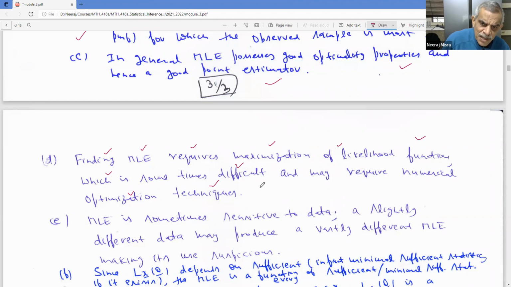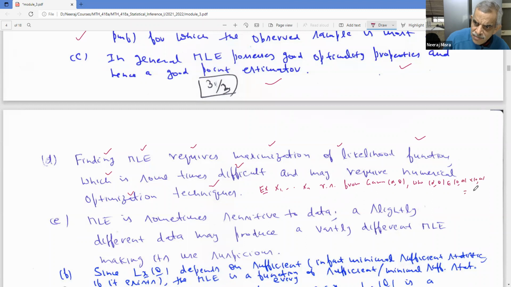So one such example could be the gamma. So if x1, x2, xn is a random sample from gamma alpha theta, both are unknown, where alpha theta belongs to 0 infinity cross 0 infinity.